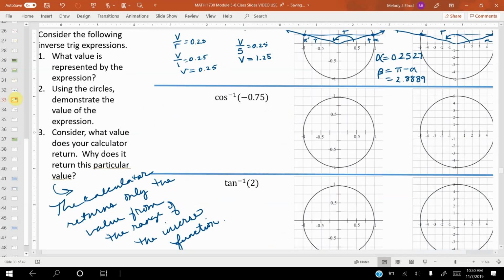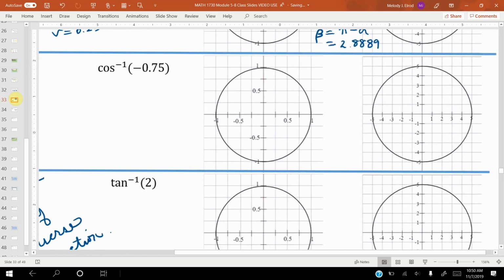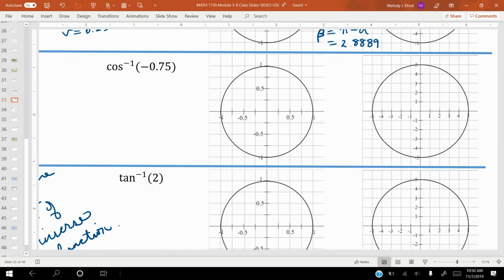So let's apply ourselves to the second piece here, the cosine function. We've got inverse cosine of negative 0.75. So this negative 0.75 is h over r. And so we know h over r is going to be negative 0.75, which means in this first circle, we've got two values, one here and one here, that give us a horizontal distance from the vertical diameter of negative 0.75, because we were measuring to the right for positive values.